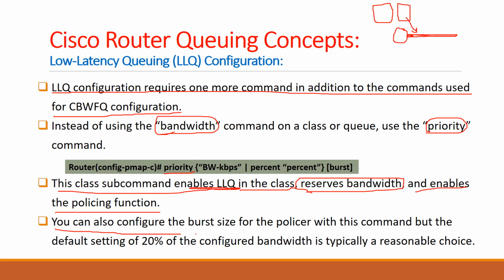You can also configure the burst size for the policer with this command, but the default setting of 20% of the configured bandwidth is typically a reasonable choice. This default is 20%.